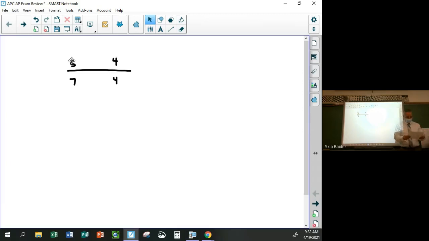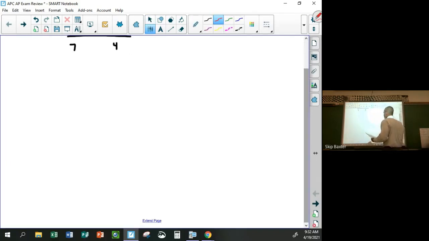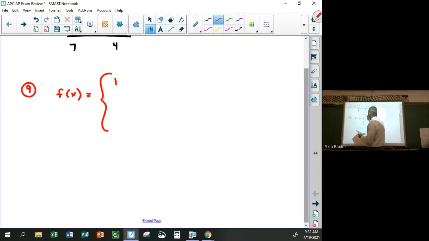Yeah. Number 9. Okay. Number 9, they're giving you a piecewise function. f of x equals, the first piece is absolute value of x over x, for x not 0, and f of x equals 0 for x equals 0.